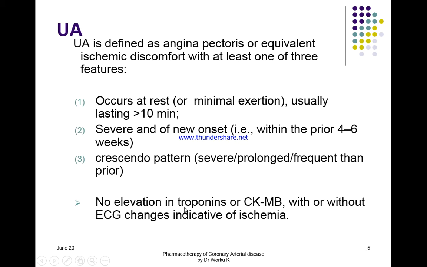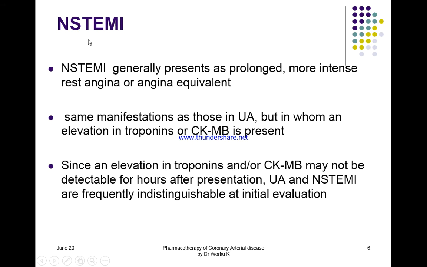If at least one of the three above occurs together with a rise in cardiac troponin or CKMB, it is non-ST elevated myocardial infarction. But if there is no rise in the cardiac biomarkers, it is called unstable angina.